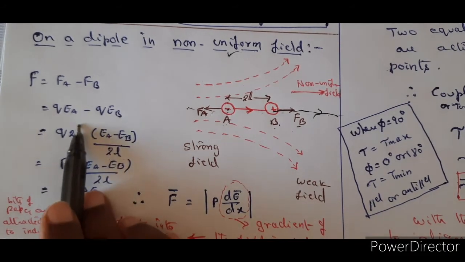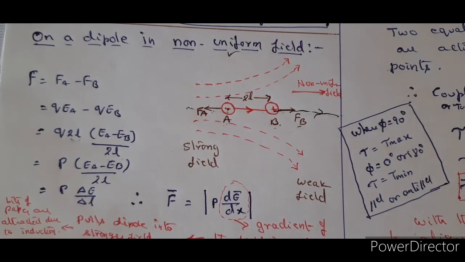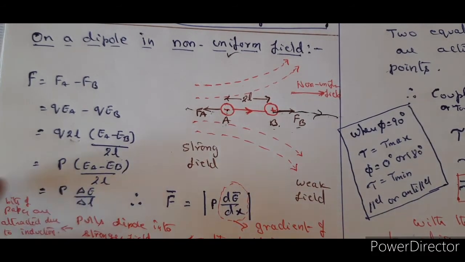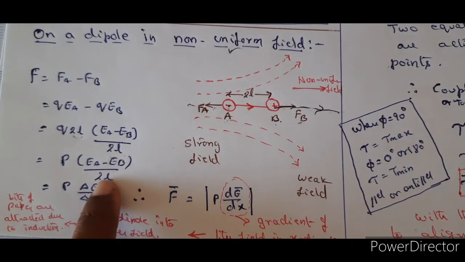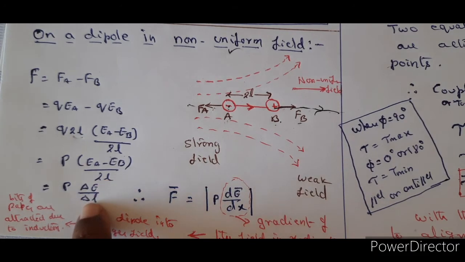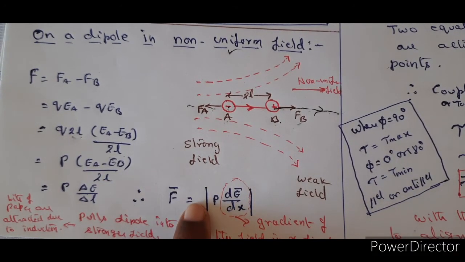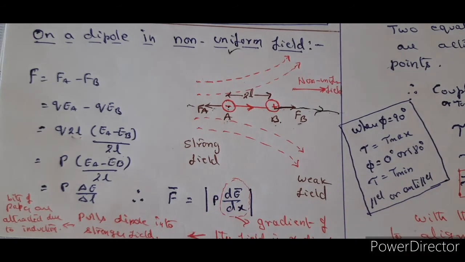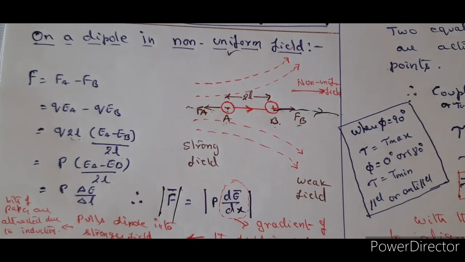So Q into 2L is the dipole moment, which is a constant for a given dipole. It is not affected by the electric field strength, so we take this as P as it is. So now P into (EA minus EB) by 2L, that is delta E by delta L, or you can write F bar is equal to P into dE bar by dx, and modulus of F bar is equal to modulus of P into dE bar by dx.